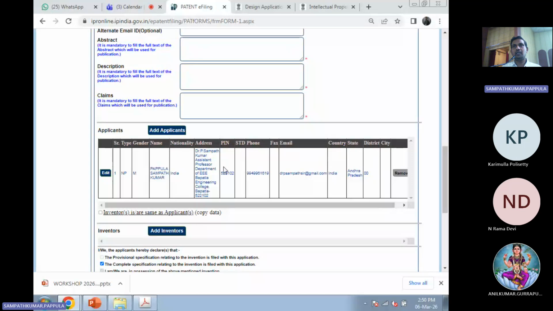How many applicants are there? Here it automatically gives you your details. Why? Because you logged in using your credentials, you are logging into this site. So that's why it will show you your name and your details. Everything is here. It will not be removed. Okay. So here after that you need to add inventors one by one.